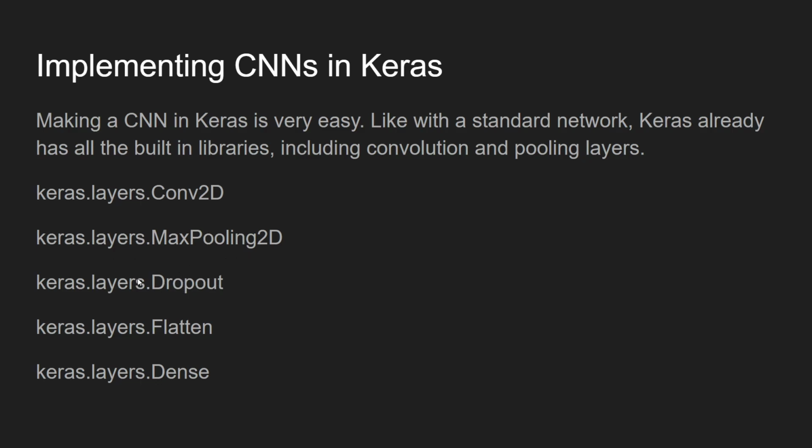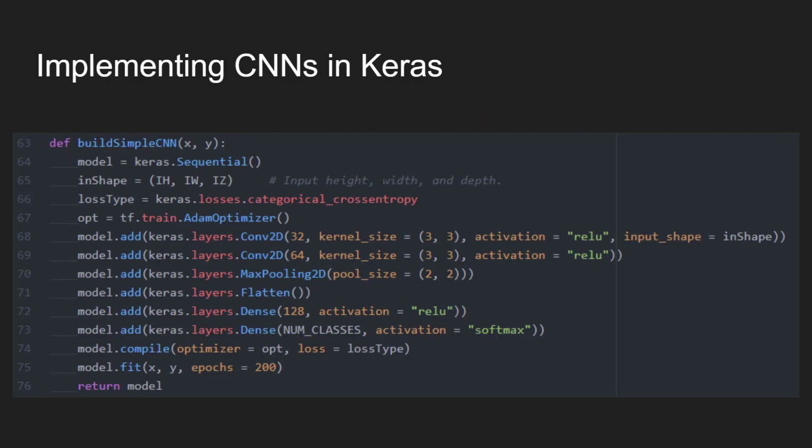Dropout, we talked about that before, but it's super useful. We also have this flatten layer, which is really good for going from convolutional to a normal feed-forward, possibly if you have a head of the network that you're using as a classifier. And then, of course, we have our dense layers that we've used quite a bit in the past.